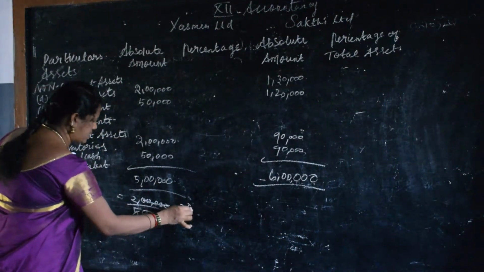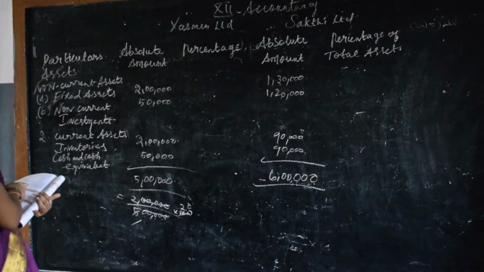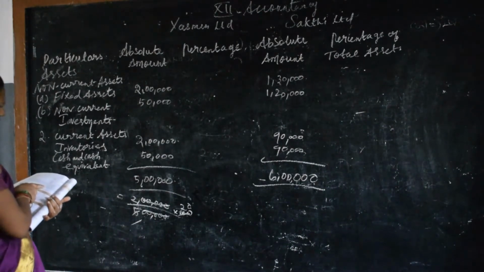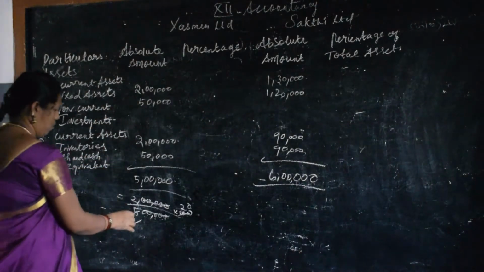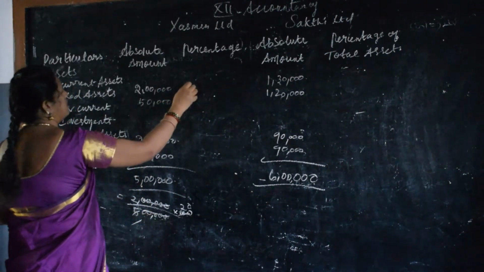What is it? 20 times. So, 40%. Again, for the share capital of the current liabilities, fixed assets, you will get 50%. Fixed asset is 50%. 2 lakhs. Okay, 1 times. And 40%.